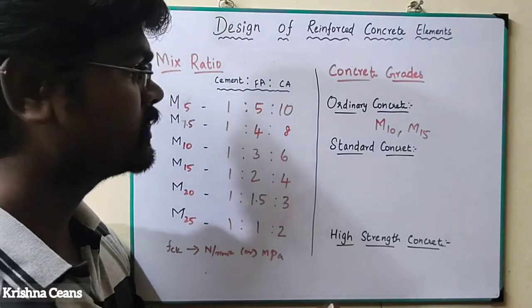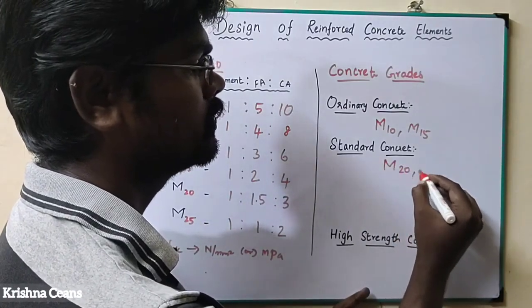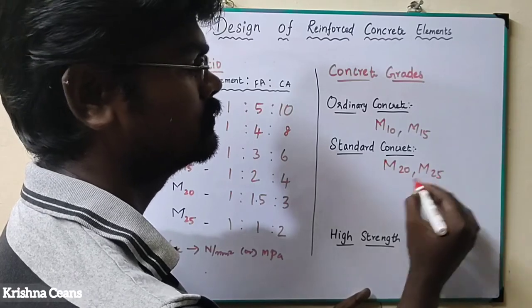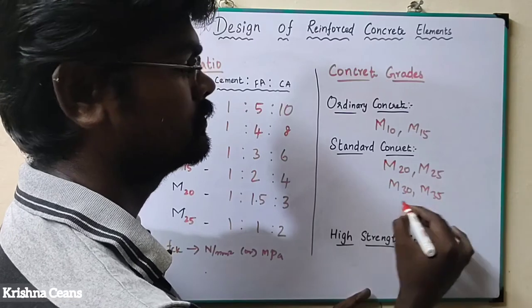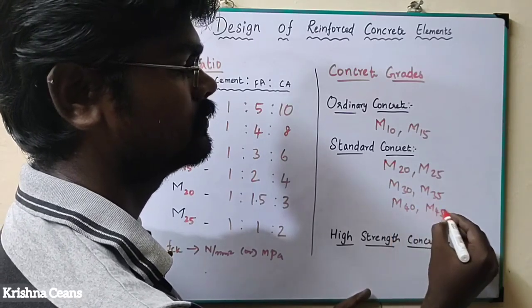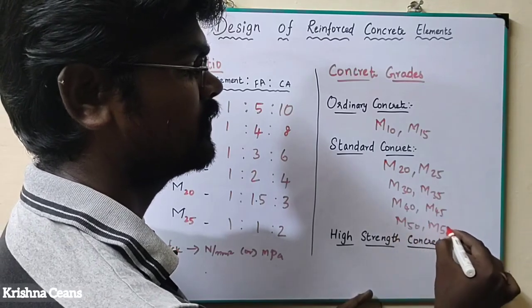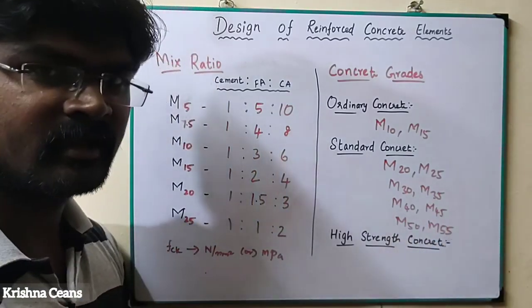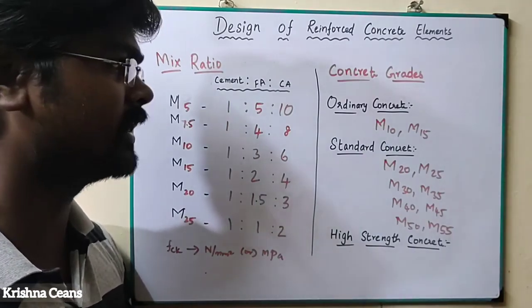Whereas for standard concrete, which covers M20, M25, M30, M35, M40, M45, M50, M55, these are the grades we consider as standard concrete grade.